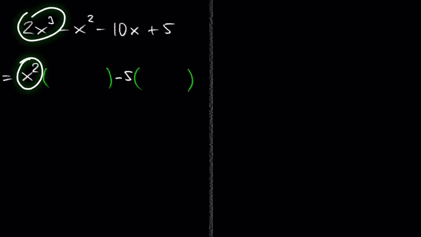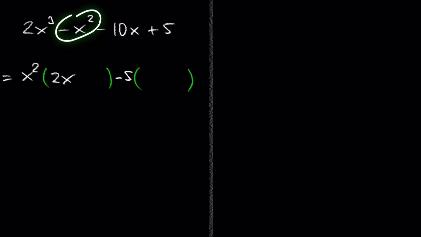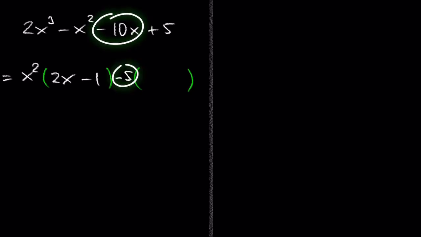2x cubed divided by x squared is 2x. Negative x squared divided by x squared is negative 1. Negative 10x divided by negative 5 is 2x. And 5 divided by negative 5 is negative 1.